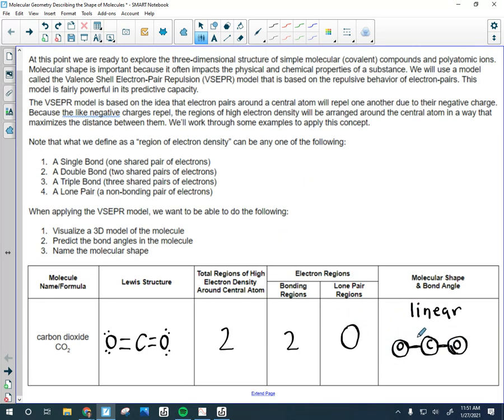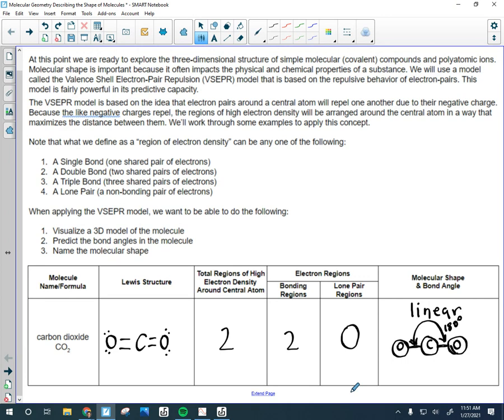So what I mean by that is the angle here between the bonds. If it is linear, that means that the bond angle is 180 degrees. Okay. So we call it linear, we visualize it like that, and the bond angle is 180 degrees.